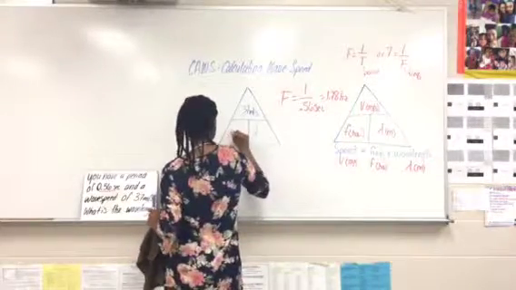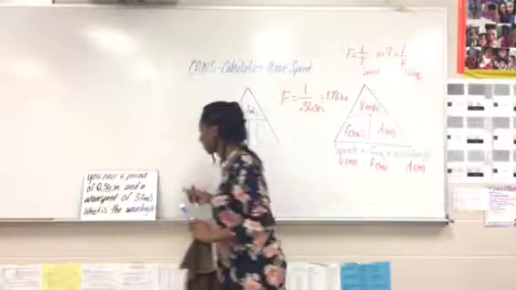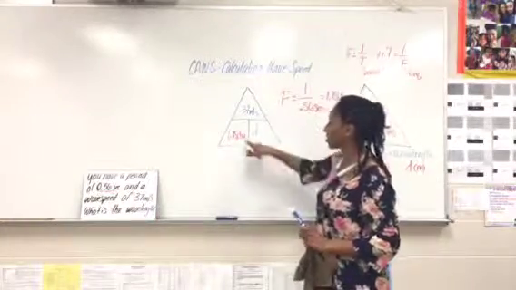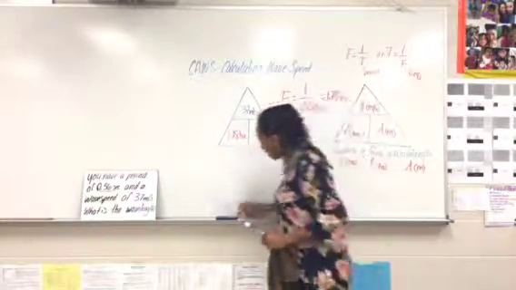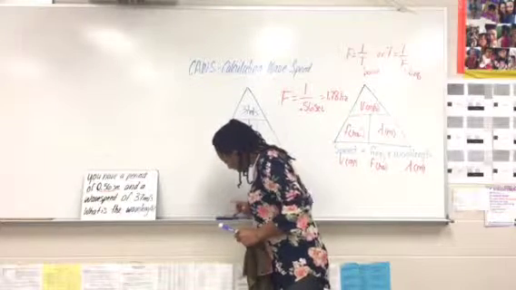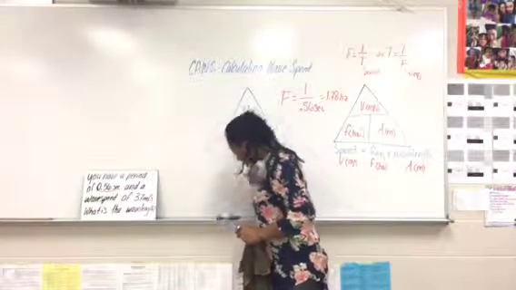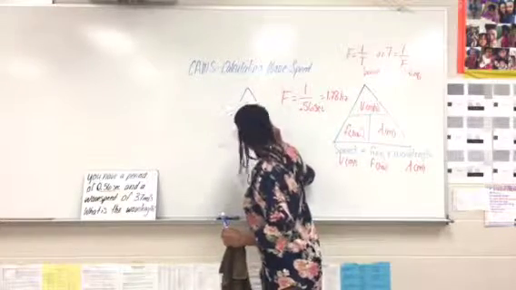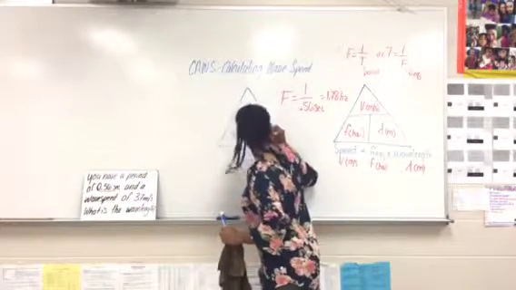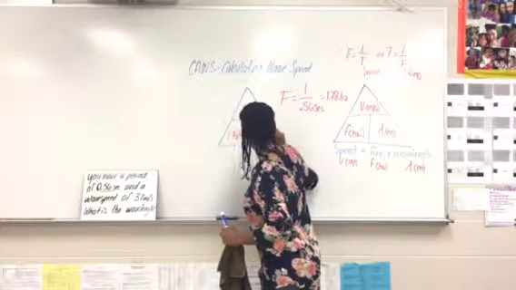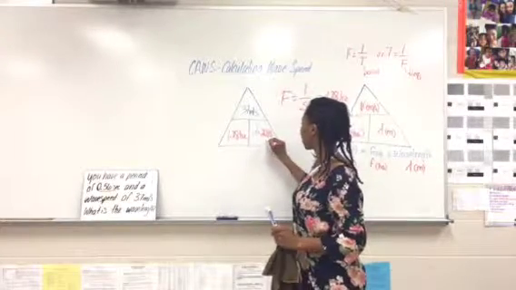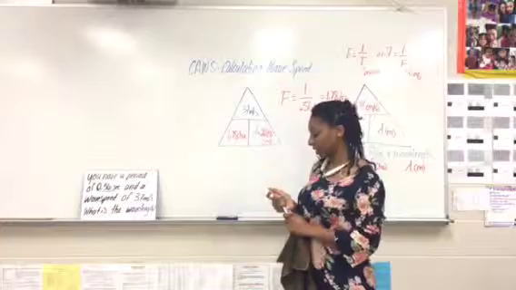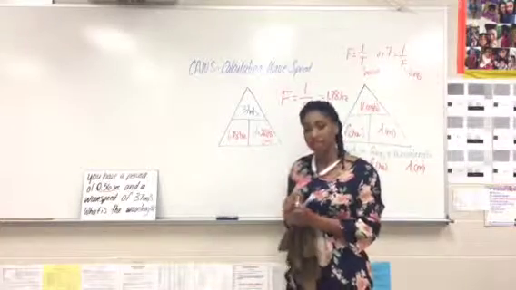So 1.78 hertz is my frequency. What is the wavelength? 37 divided by 1.78 equals 0.78. And that would be meters. So that is the wavelength. Hopefully that makes sense to you.